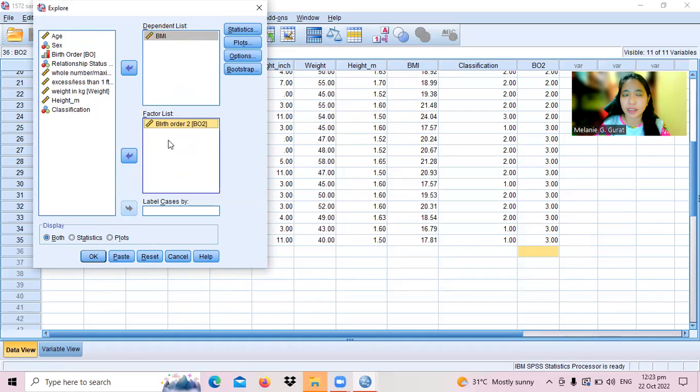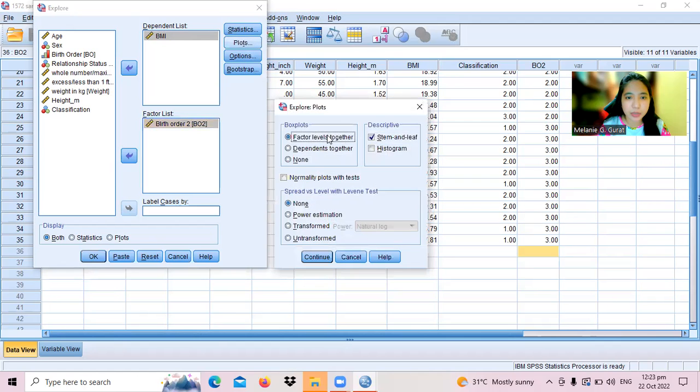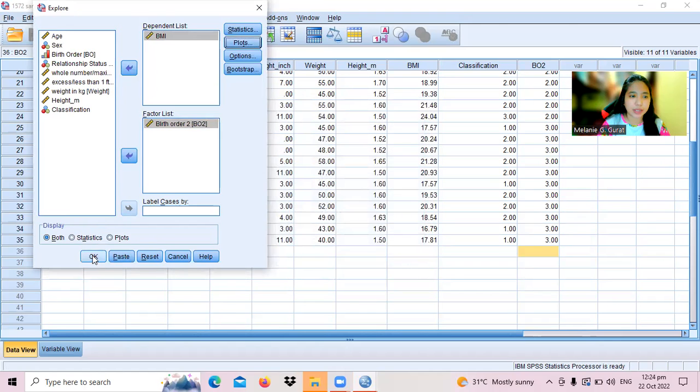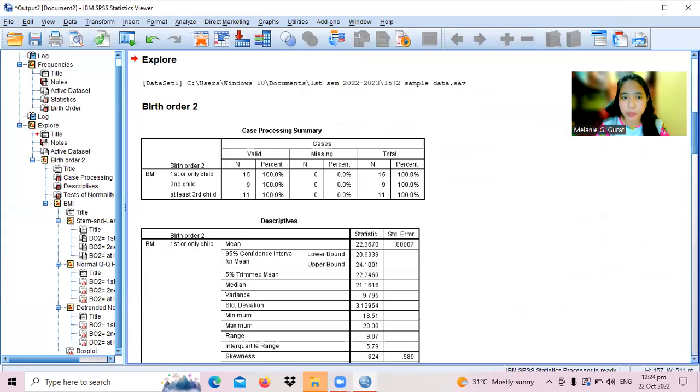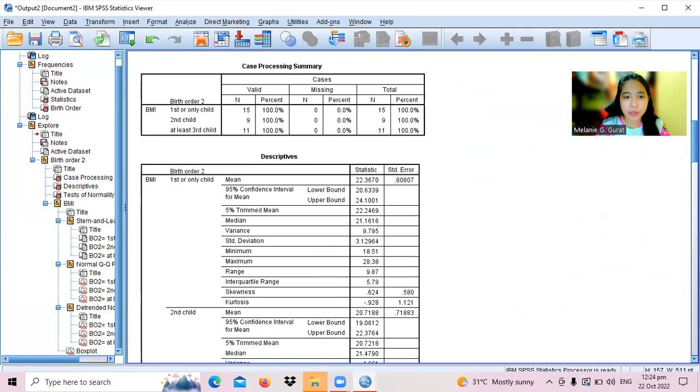We did not classify it, but this is ordinal data, not numerical. And then for plots, we will check normality plots. Continue and okay. Let's see what we have here.